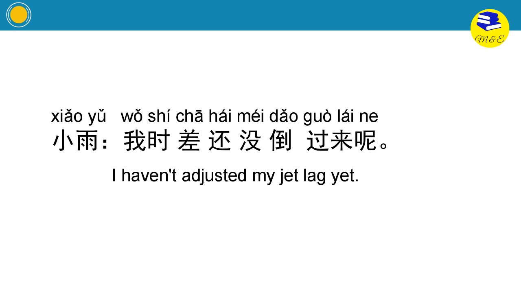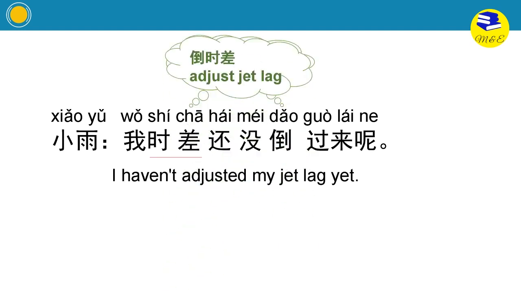And from the characters, you can immediately see that 时 refers to 时间, right? So 差 is difference. Together it is time difference. Here we also have a phrase called 倒时差. It means to adjust jet lag.